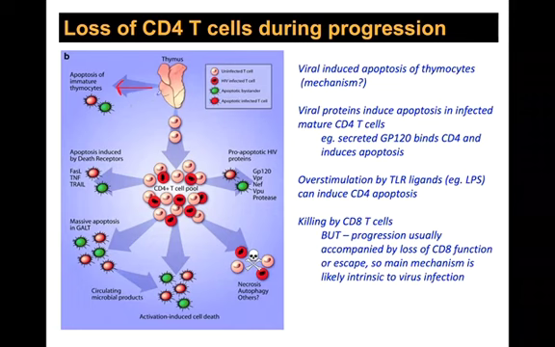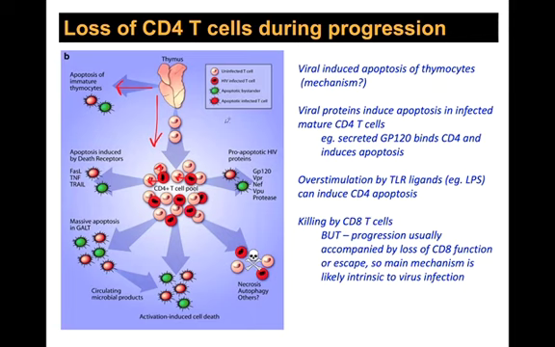But the primary way is that you have export of naive cells from the thymus. Those go out into the periphery, and every time a different CD4 cell is getting activated, the virus is going to spread to those other cells and infect them. Over time, that can cause basically all of your CD4 T cells to be infected.